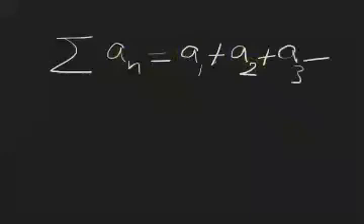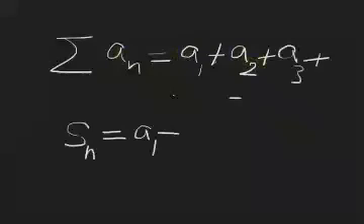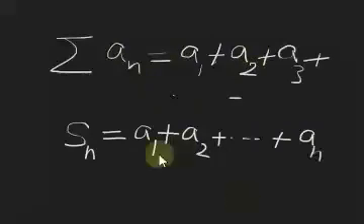If you consider the nth partial sum of that series, which is the sum up to a sub n, right? This is called the nth partial sum of this sequence.